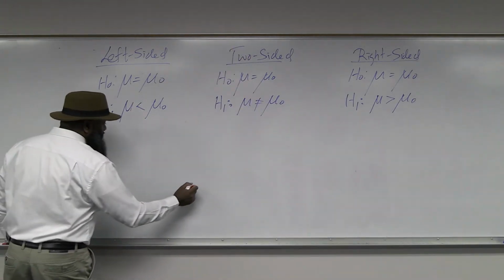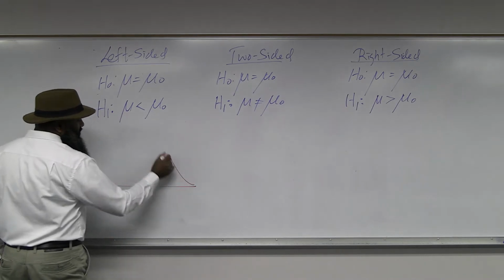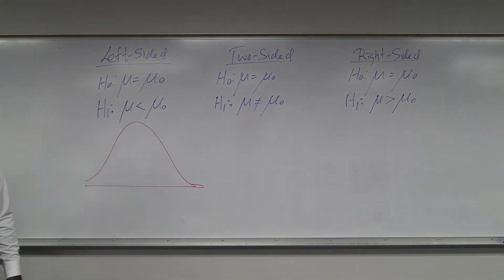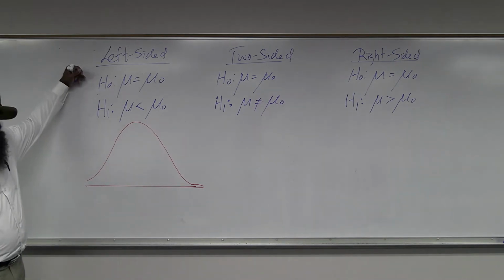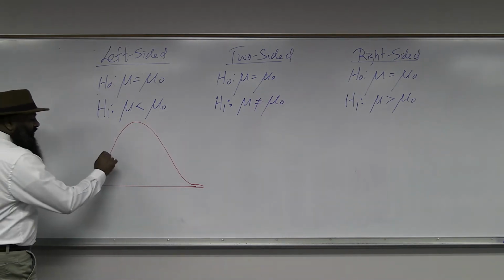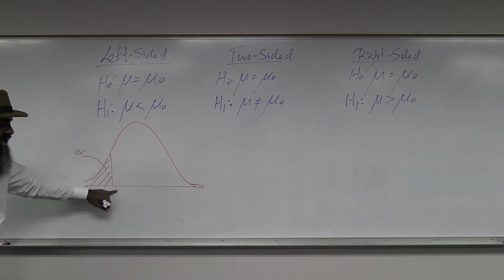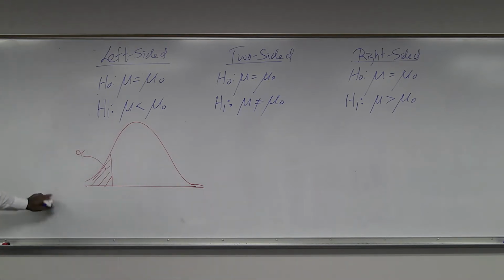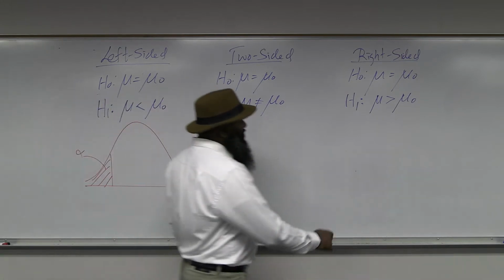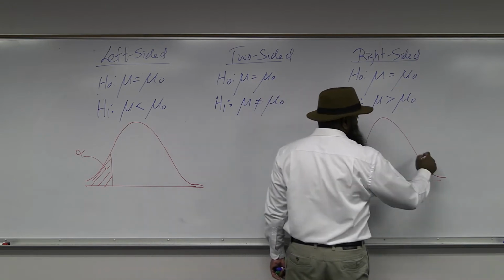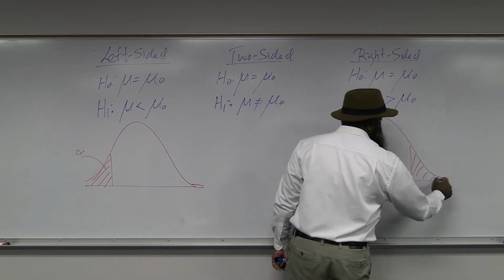For a left-sided test, what we did was, now here's my z distribution. Since this is a left-sided test, I kept complete alpha on the left tail. And I said this is the rejection region. For a right-sided test, what we did was we kept complete alpha on the right tail.